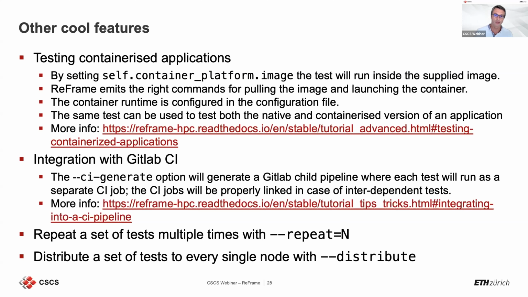And how you can do that is setting in your test the container platform to the image to use. And then you can combine that with a parameter so that your image is a parameter, and then you can run with multiple images at the same time. And ReFrame will emit the right commands based on the container runtime you will be using. We support, of course, Sarus, Singularity, Docker and Shifter behind the scenes. So it's again agnostic when you write the test.